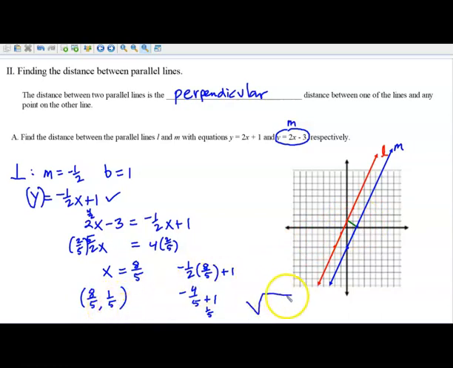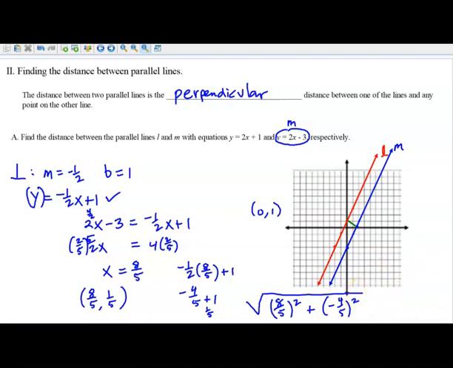So we're back to the distance formula. And so the difference between the x's, okay, so we have 8/5 minus 0, which is 8/5 squared. And then 1/5 minus 5/5 would be negative 4/5 squared.